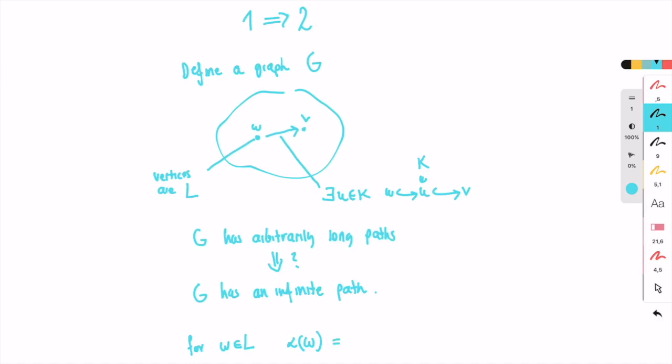It's a number which could be omega, which is the least upper bound of lengths of paths that begin in W. So if alpha is 2, it means you get a path of length 3 but not of length 4. But if alpha is omega, it means you get paths of whatever length you want.